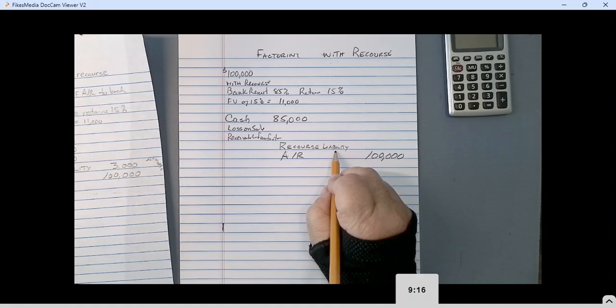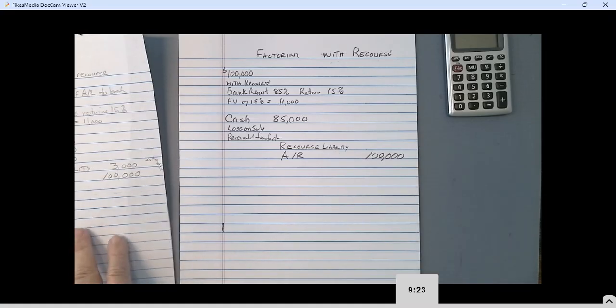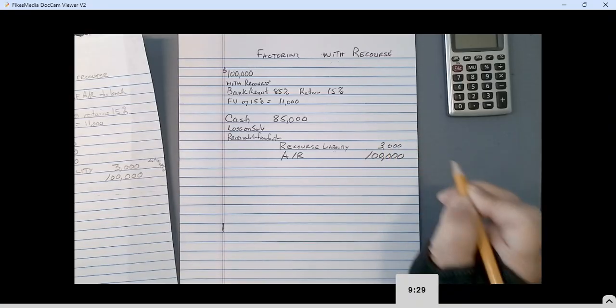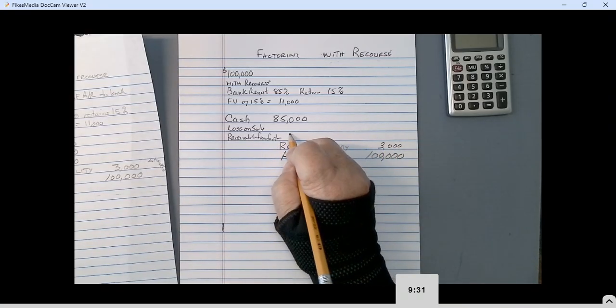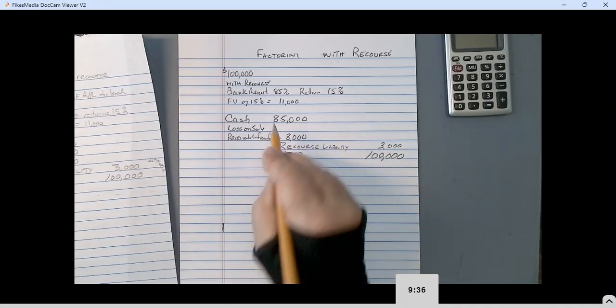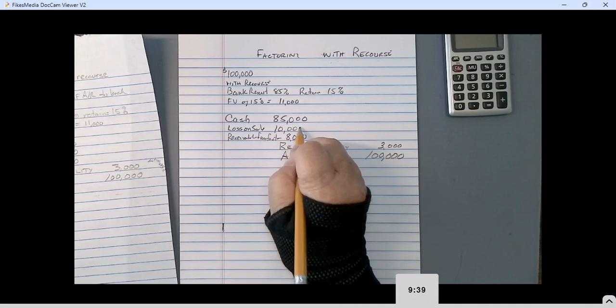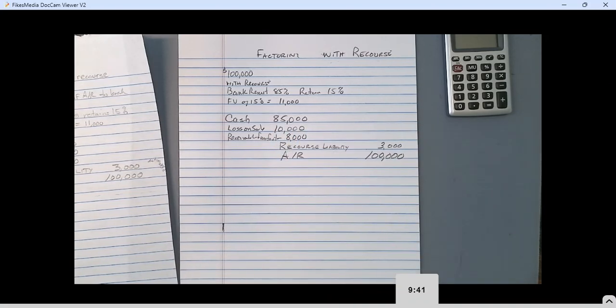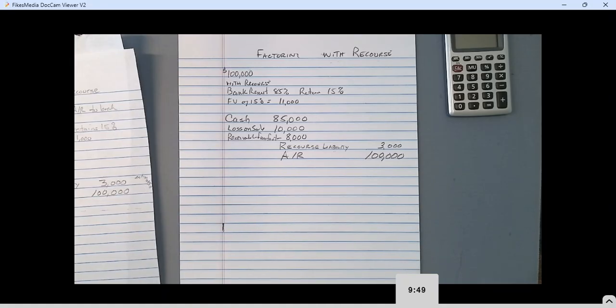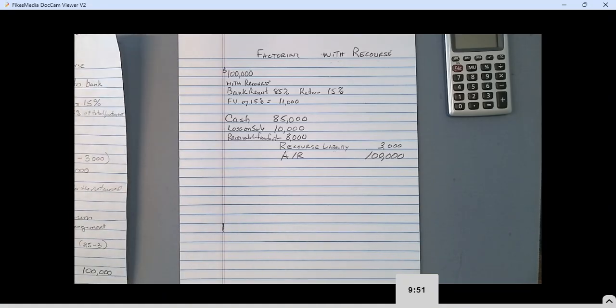The recourse liability is estimated. Okay, so we estimate the recourse liability to be 3,000. We have a receivable from the factor of 8,000. And when we put this together, my loss on sale is 10,000. I estimate that recourse liability. If all my retainage is collected, then my recourse liability goes down.